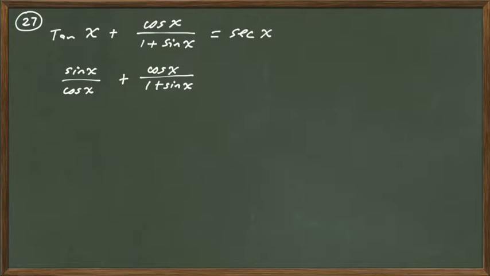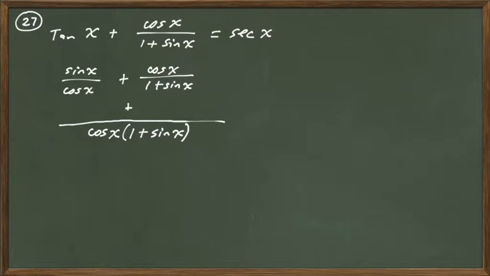What would be your common denominator? Well, you can always get it by multiplying the denominators. So cosine of x times 1 plus sine of x. So my common denominator is going to be cosine of x times 1 plus sine of x.